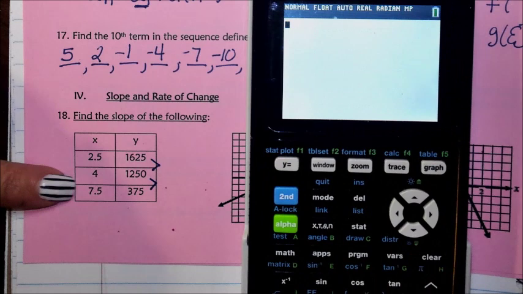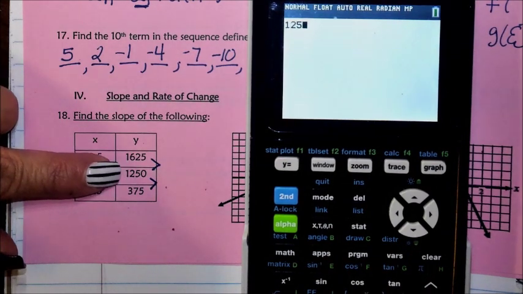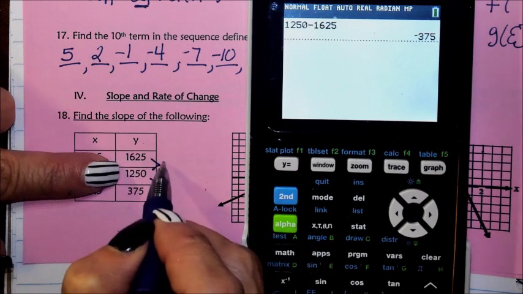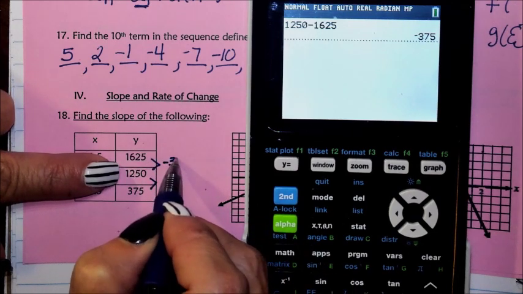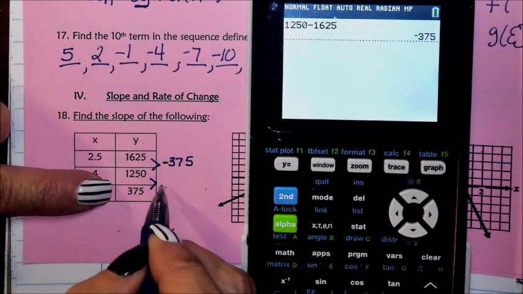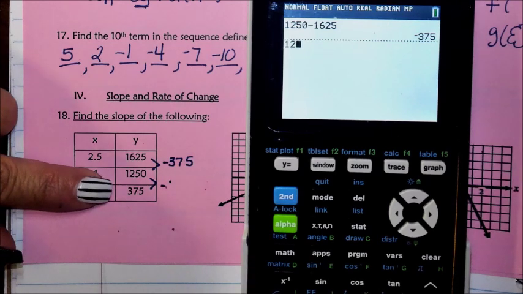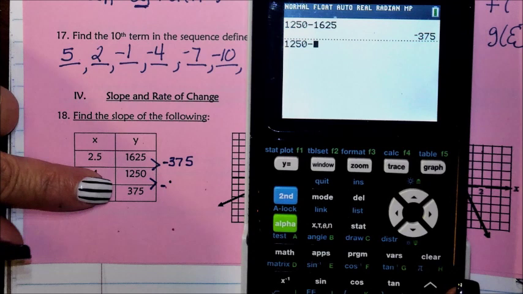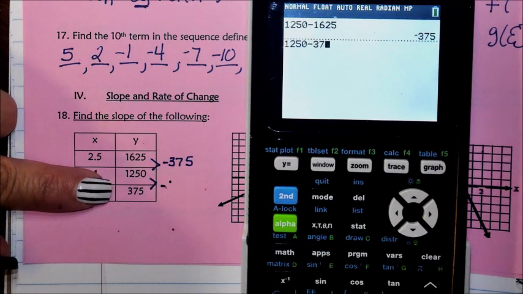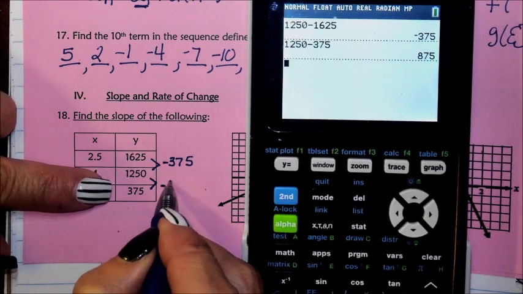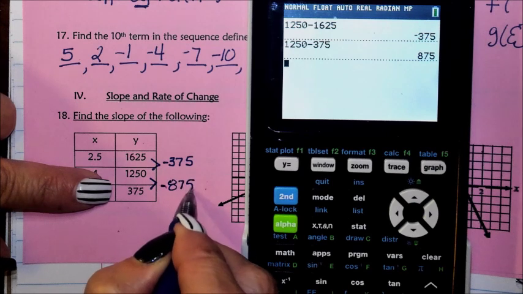So let's do this. Let's do 1250 minus 1625. So this is going down by 375, right? Down by, 1250, yeah, minus 375. That went down by more. This went down 875.